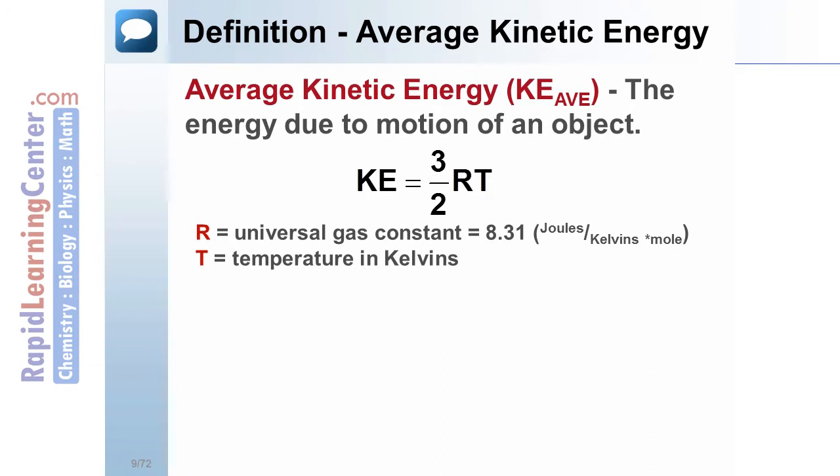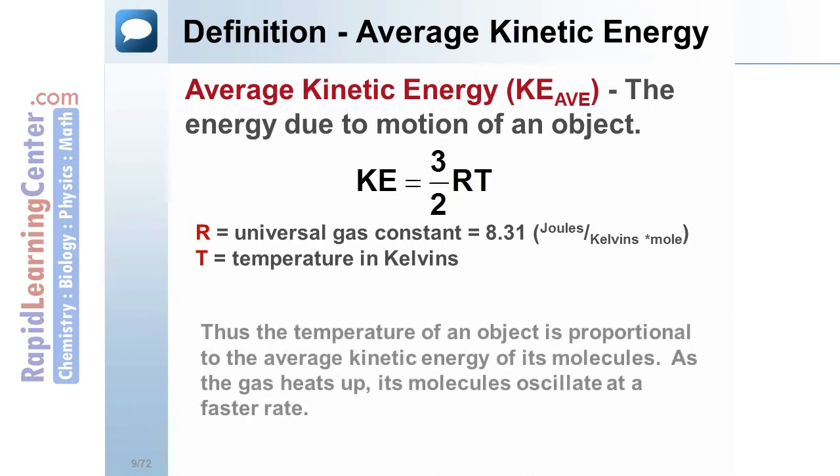One possible value is 8.31 joules per Kelvin moles. The T is the temperature. In this case, it should be in kelvins. From the formula, note that the temperature of an object is proportional to the average kinetic energy of its molecules. As the object heats up, its molecules vibrate at a faster rate.